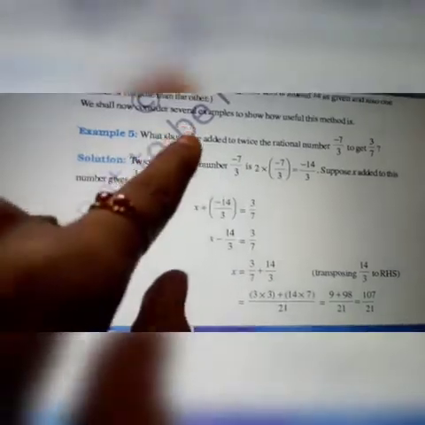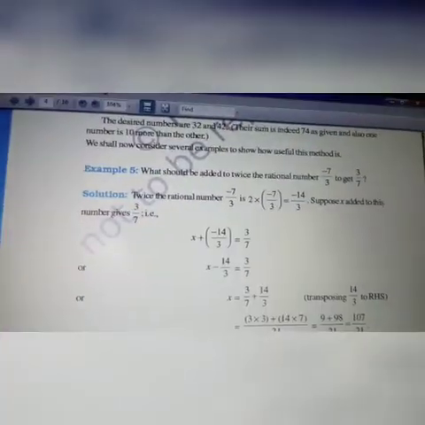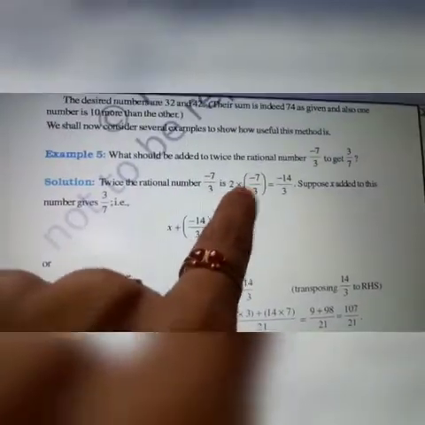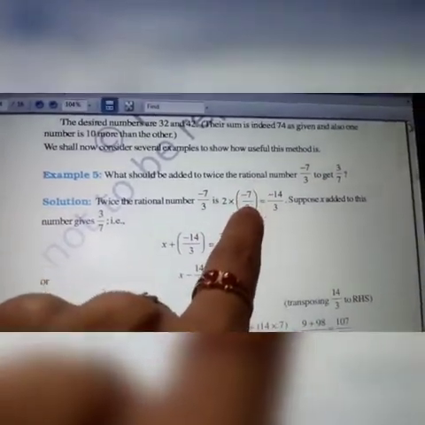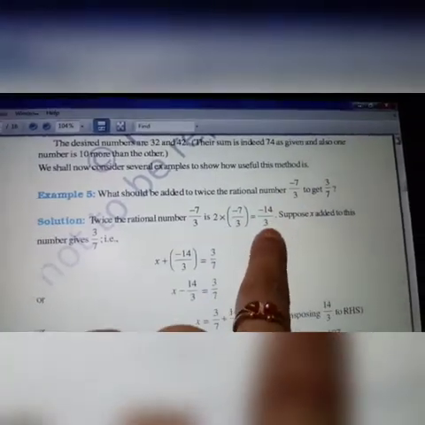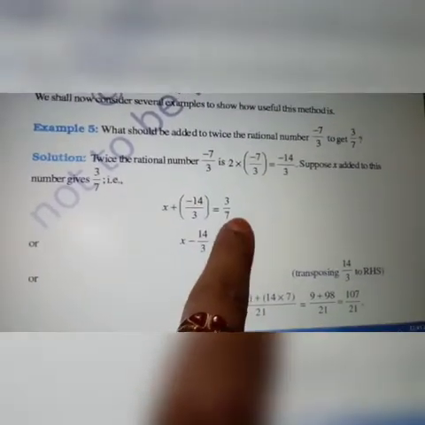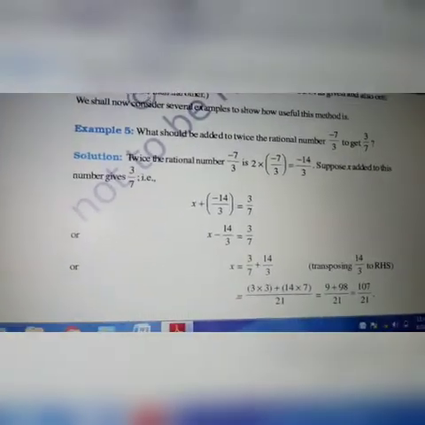So what should be added? You don't know what is to be added, so let it be x. Twice the rational number minus 7 by 3 is 2 into minus 7 by 3, which is minus 14 by 3. So x is to be added to minus 14 by 3 to get 3 by 7. I have taught the sum somewhat differently.